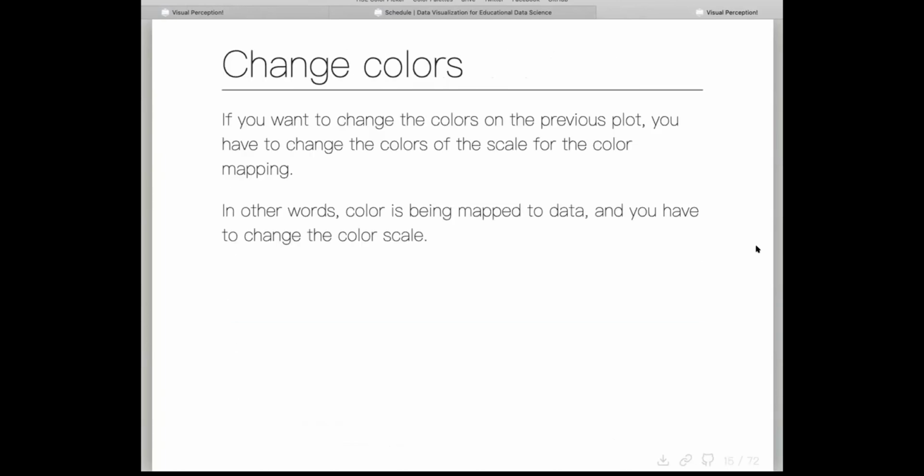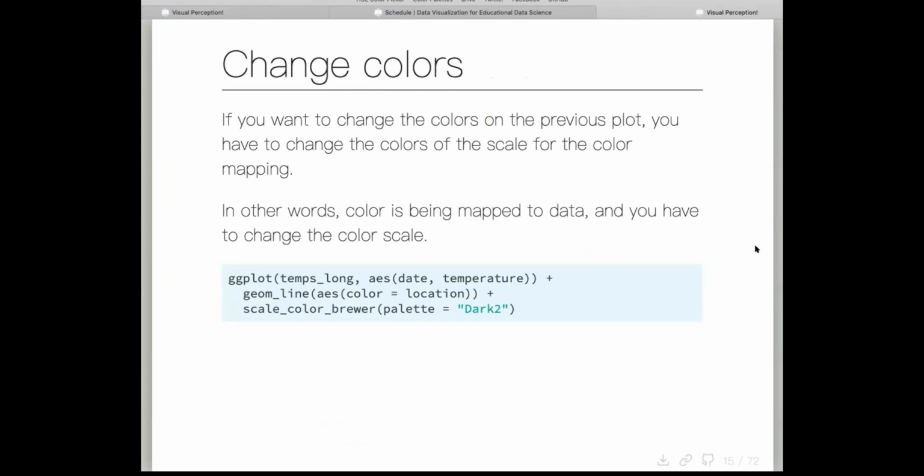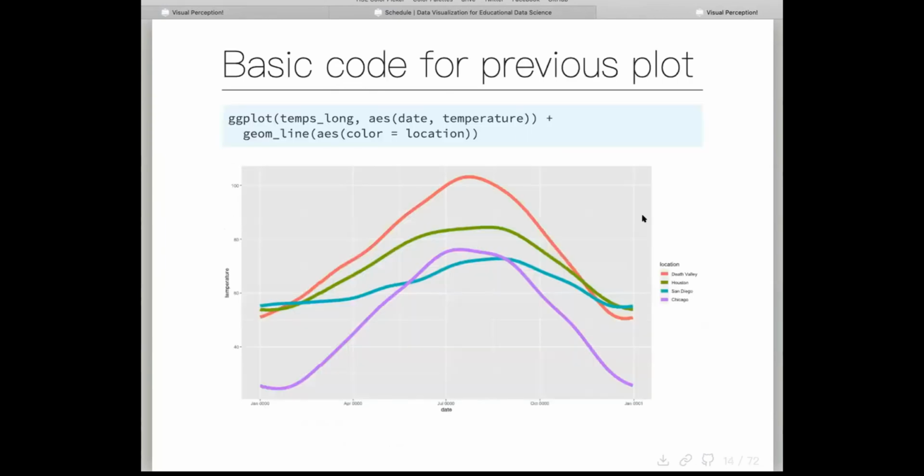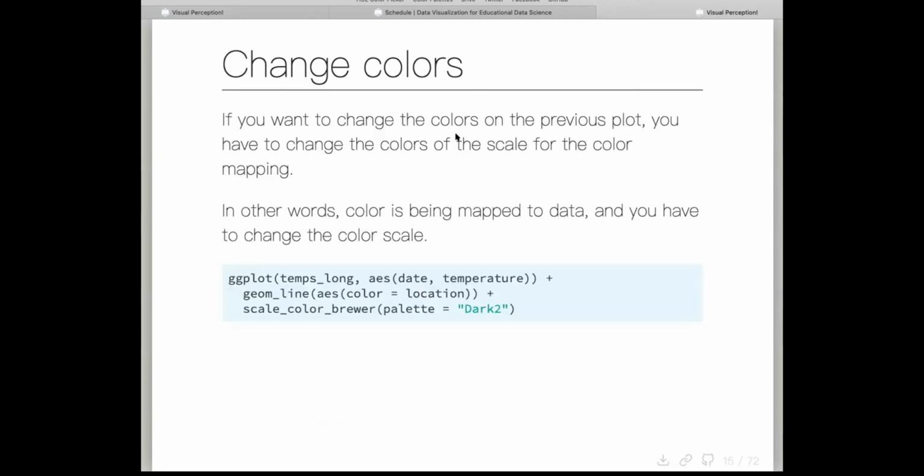Okay, so this is the code that we would use to change the color. Back here is our basic code, and then we want to change the color scale. So we're going to add another layer to our plot that says scale_color, and then we have a whole bunch of different options from there.